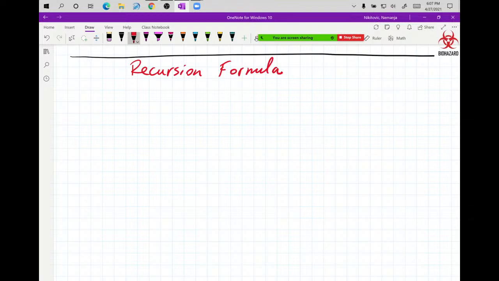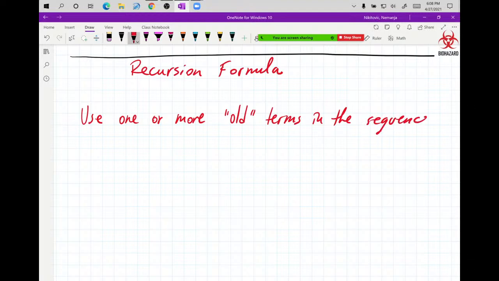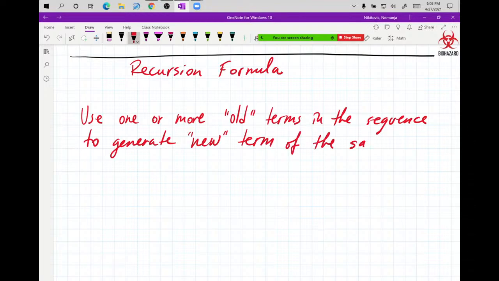So for the recursion formulas, we use one or more old members of the sequence, terms, to generate a new term of the same sequence.